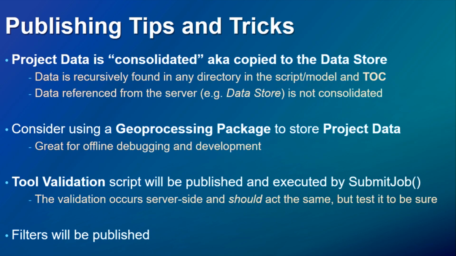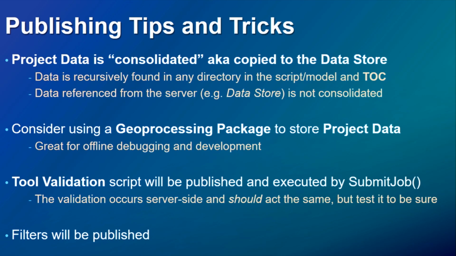And also, I know many people have very simple validation scripts. Maybe you just want to limit the data file extension to be PDF, or you only want the user to put data between like 1 and 1,000, and you do not really want to write any scripts, or you worry about the tool validation script not working correctly. Now from Pro 2.3 and ArcGIS Server 10.7, if you publish from Pro, you can specify the filter information from the tool properties.